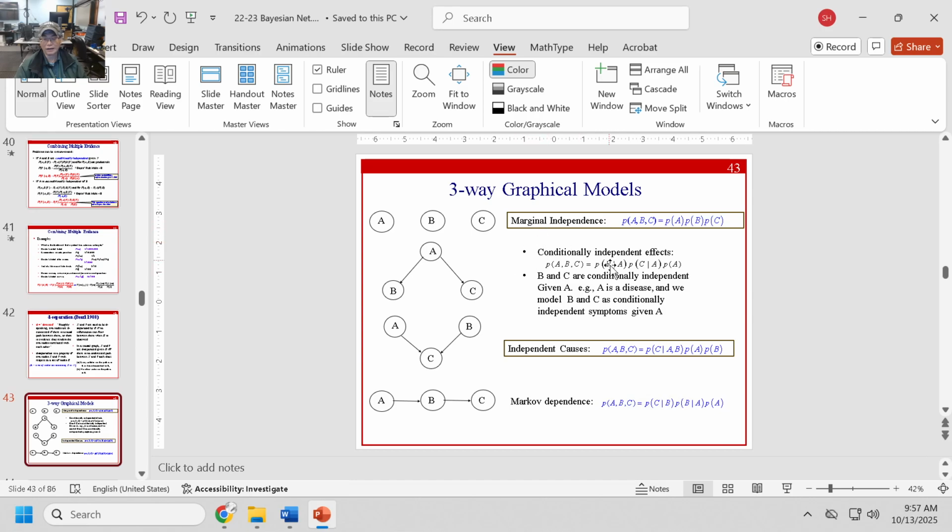And then consider when A causes B and causes C. If I want to figure out the joint probability of ABC, all I really need to know is P(A), the root, and then if A happens, how likely C happens, how likely B happens. So the joint probability becomes this expression. And how to verify they follow this shape?